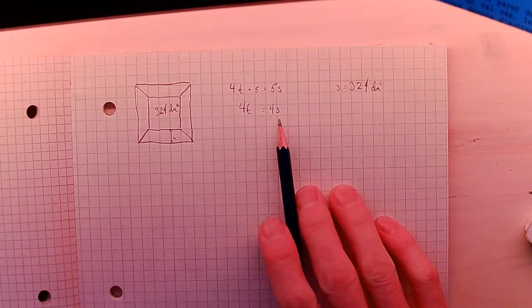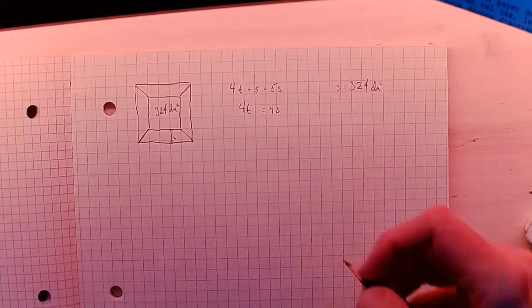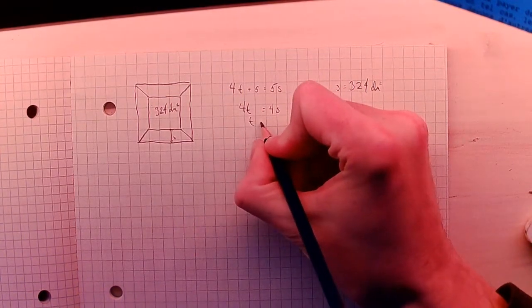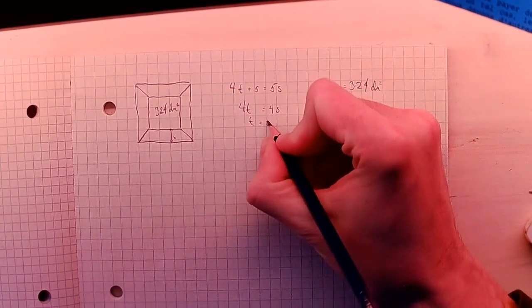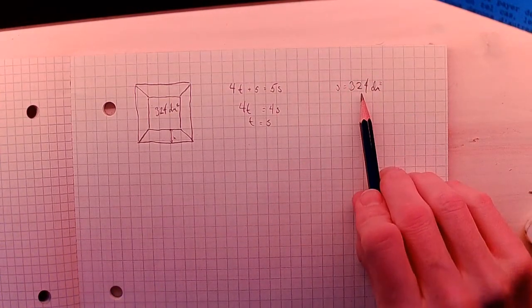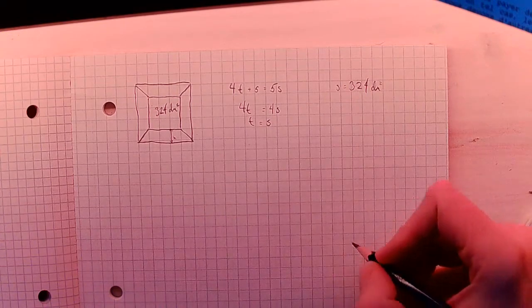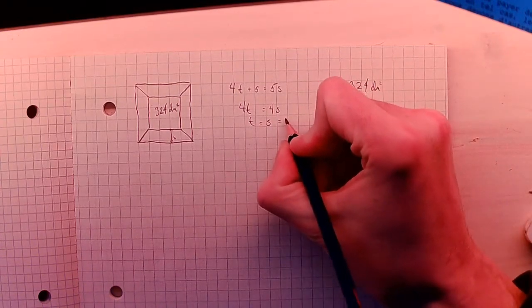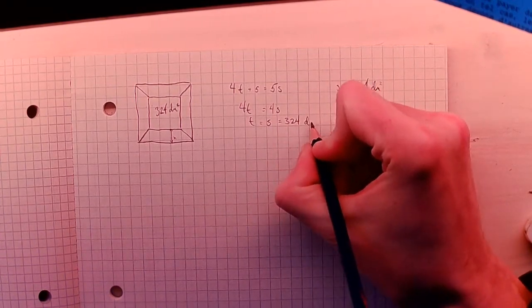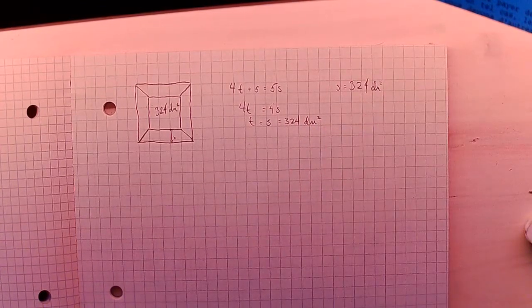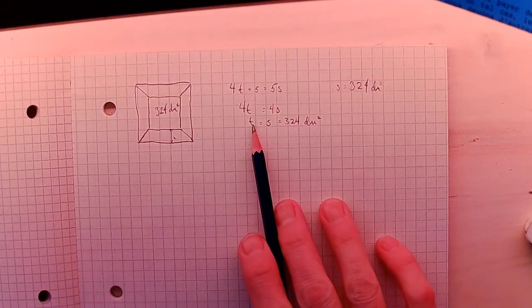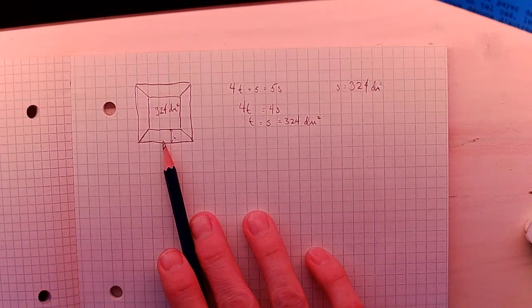And if 4t is equal to 4s, then we can assume that t is equal to s, which is equal to 324 decimeters squared. And that tells us that T is the area of this trapezoid.